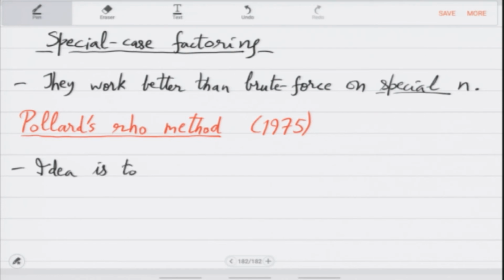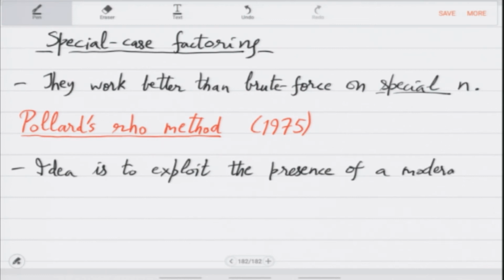So the idea is to exploit the presence of a moderately small p dividing n. Say you want to solve it in square root p time instead of trivial p.